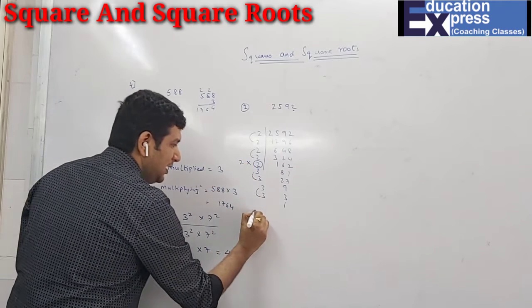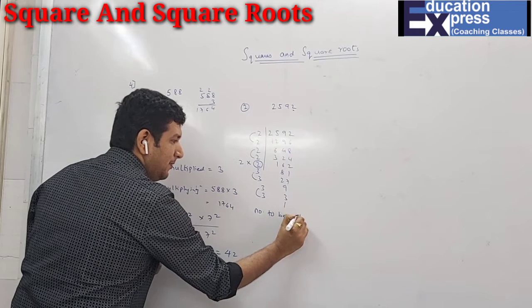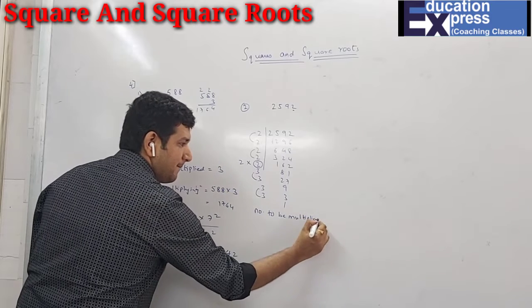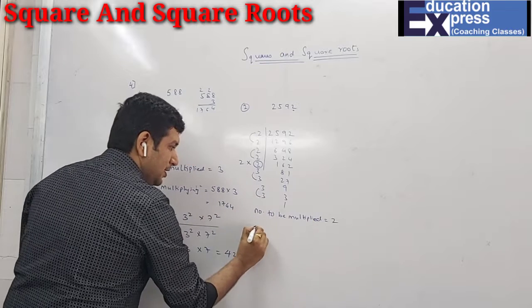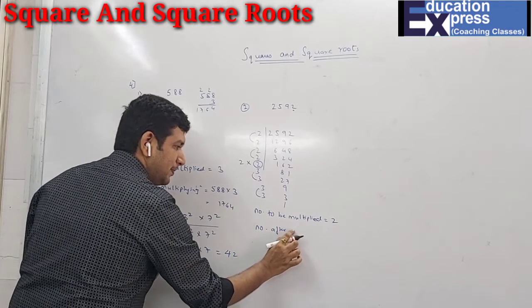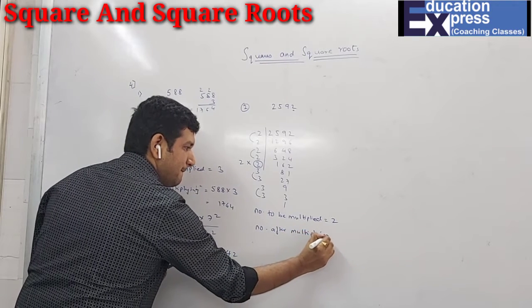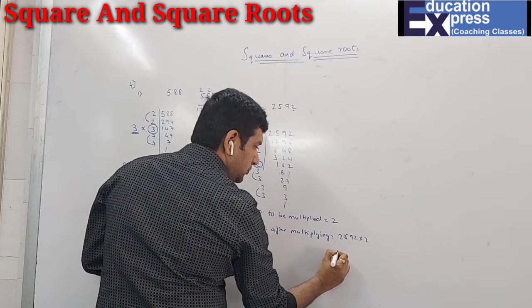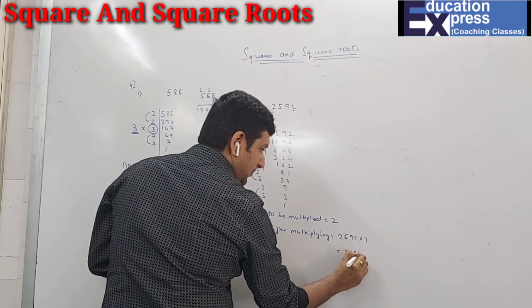So first I'll write over here the number to be multiplied. The number after multiplying will be 2592 into 2, that is 5184.